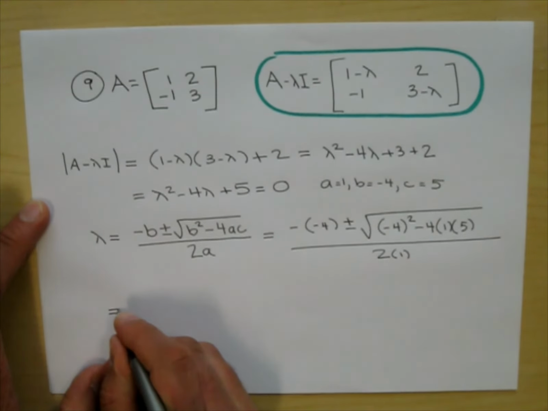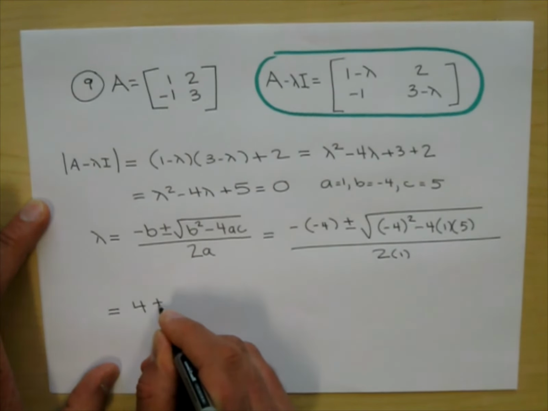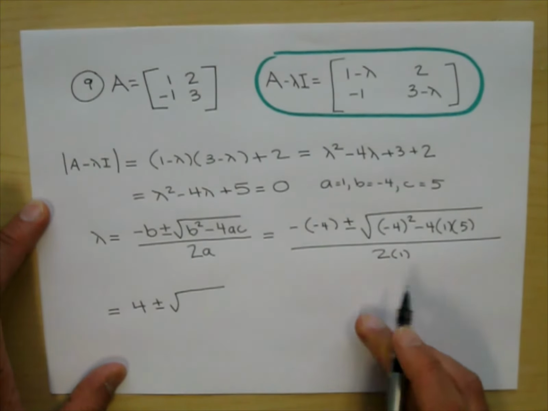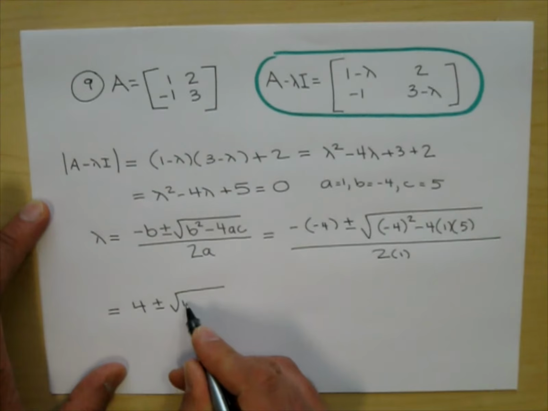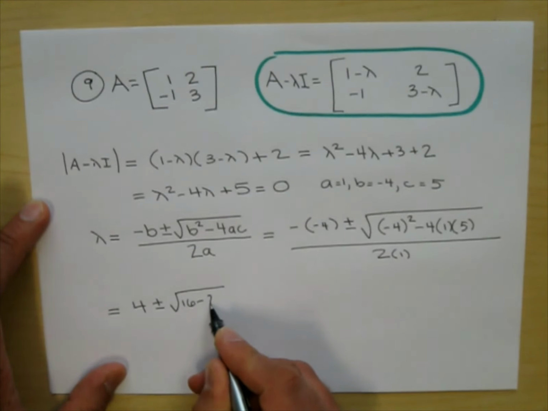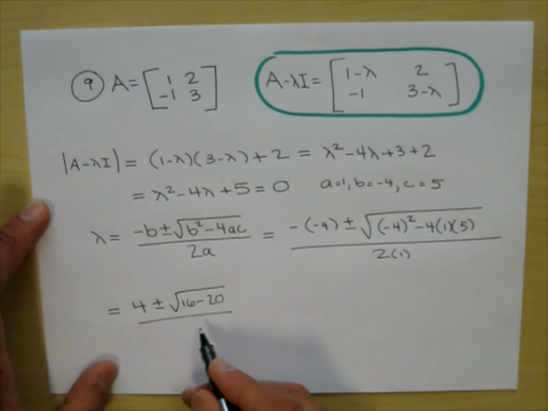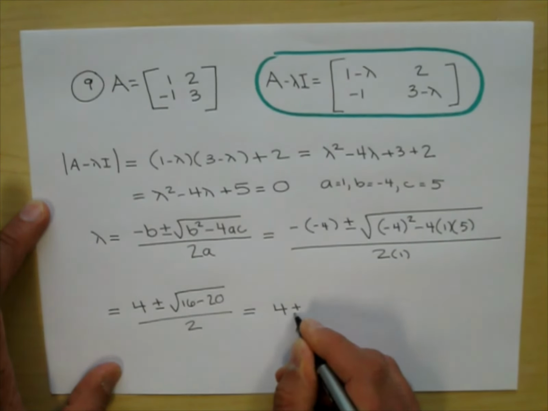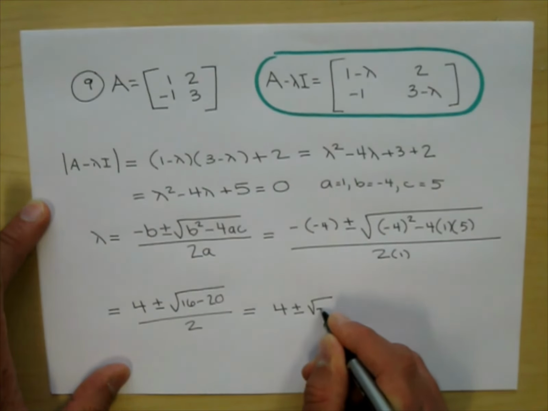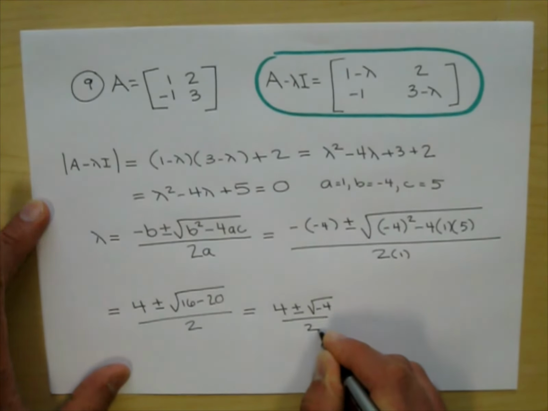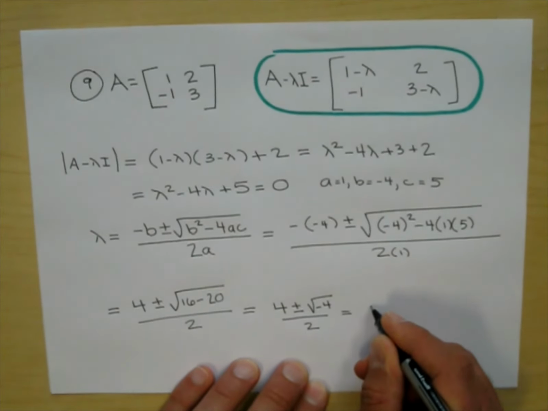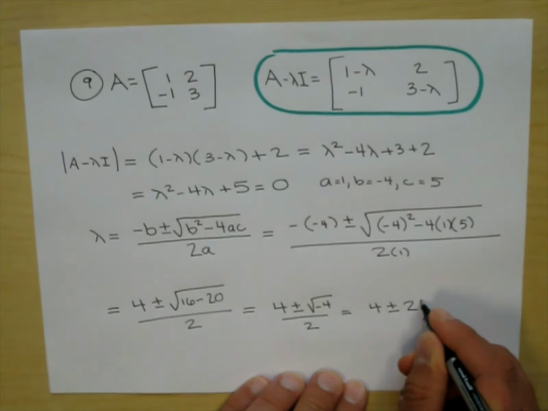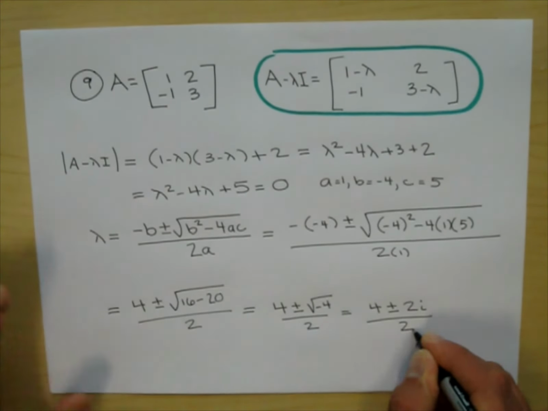Okay, so let's clean up this algebra here. We have 4 plus or minus, so the 2 negatives there, square root of 16 minus 20, all over 2. So this gives me 4 plus or minus the square root of negative 4 over 2, which is 4 plus or minus 2i over 2.